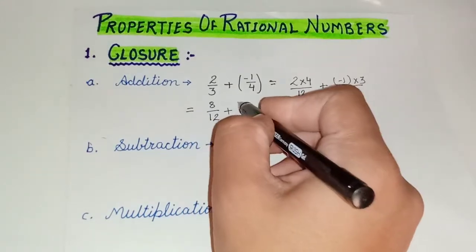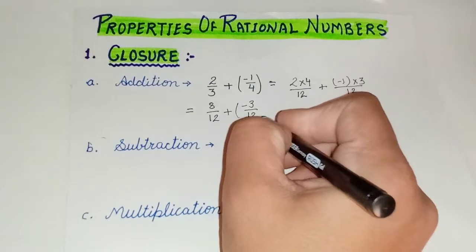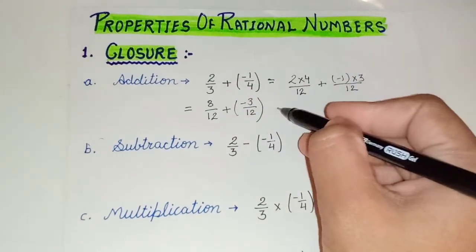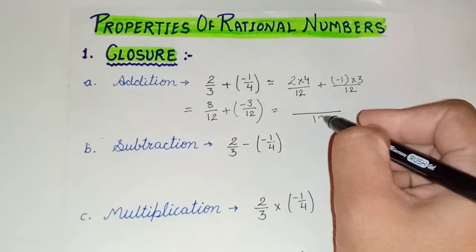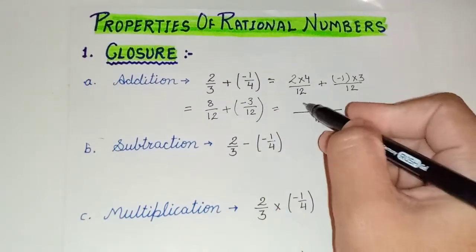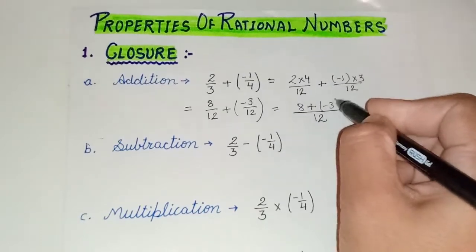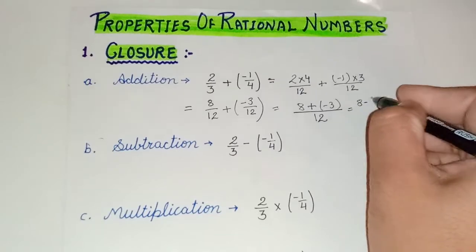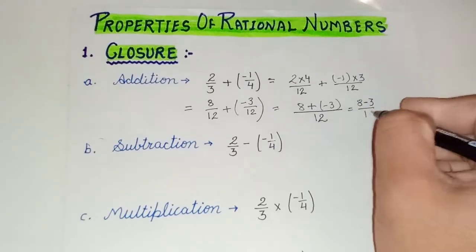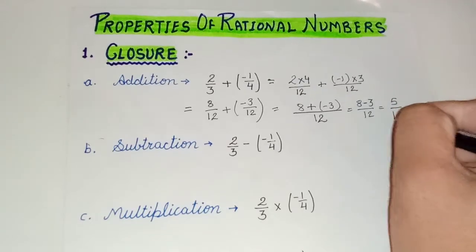plus minus 3 upon 12. Now the denominators are the same, so it will be written as it is. And 8 plus minus 3, plus minus will be minus. So here we'll have 8 minus 3 upon 12, that is 5 upon 12.